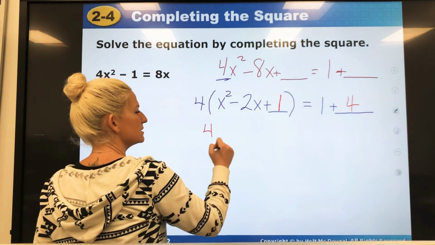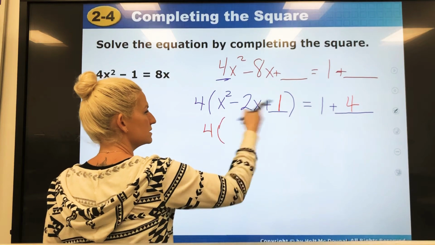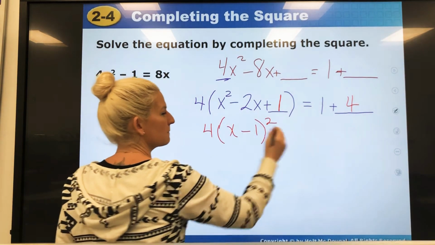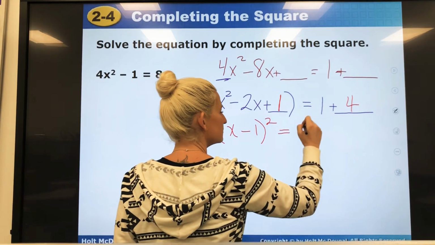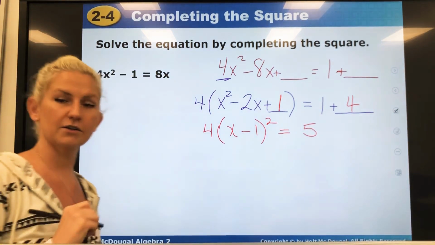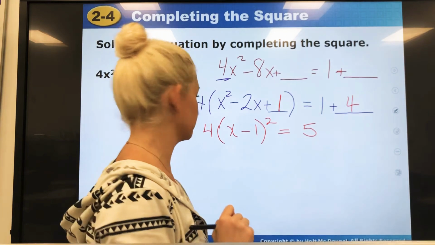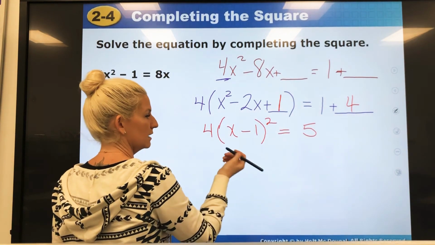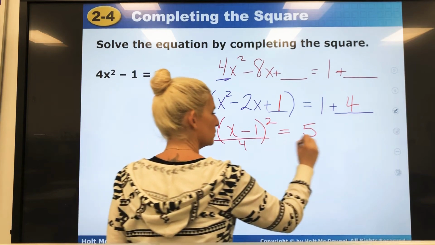Okay, and then I'm going to continue on. So I have the 4 outside here. This piece is going to factor to x minus 1 squared, equals 5. Now you're going to notice I'm going to get some fraction stuff going on, because I want to solve for x. So first thing I have to do is divide both sides by 4.